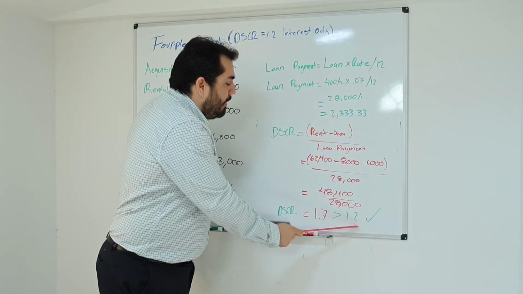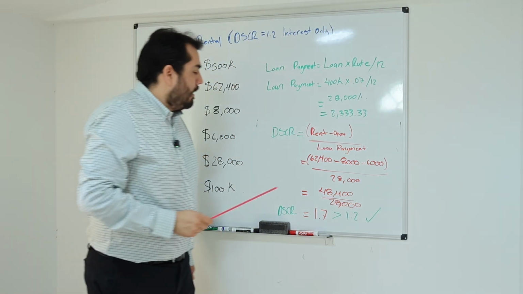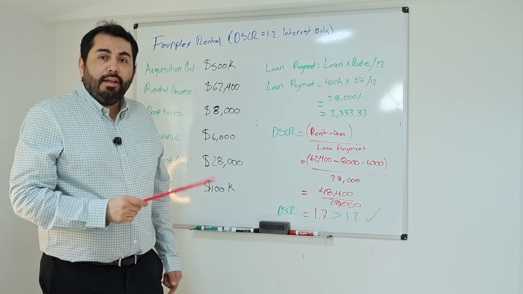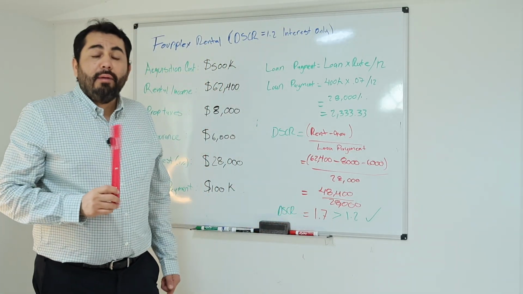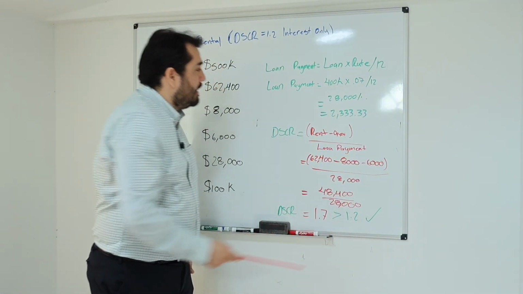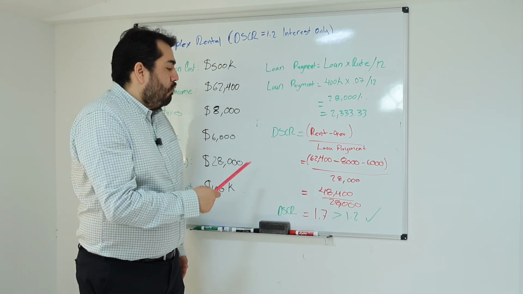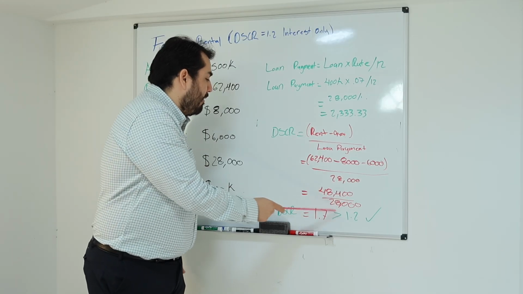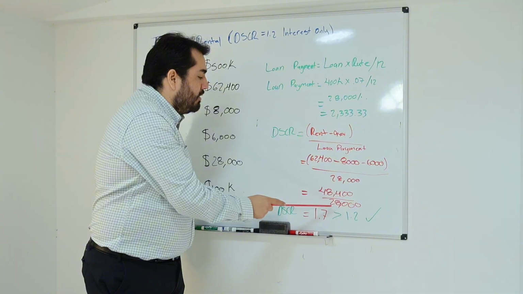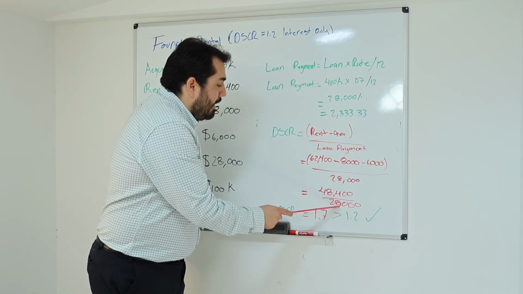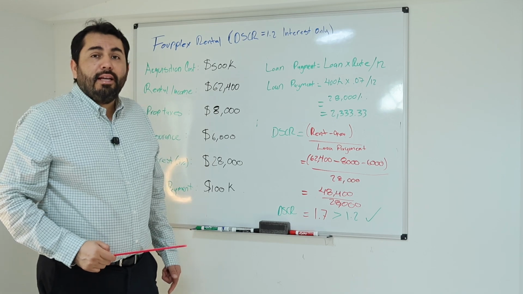We always have to be above this 1.2. So for this loan, we pass and we get the loan because we are at 1.7 and the lender is asking for 1.2. And we end up with a cushion of around $20,000, because we are making $48,000 and they're asking for $28,000.